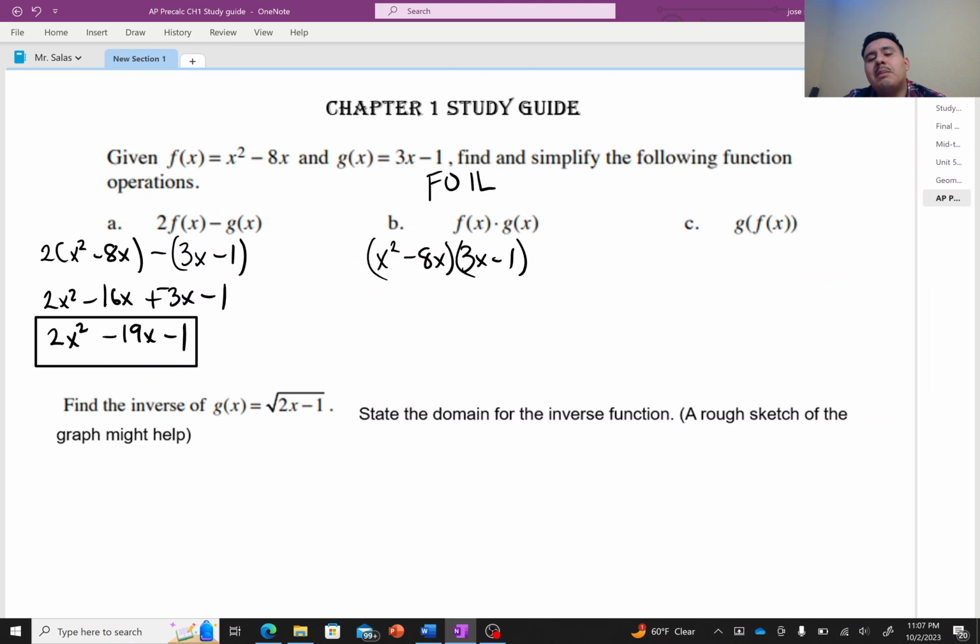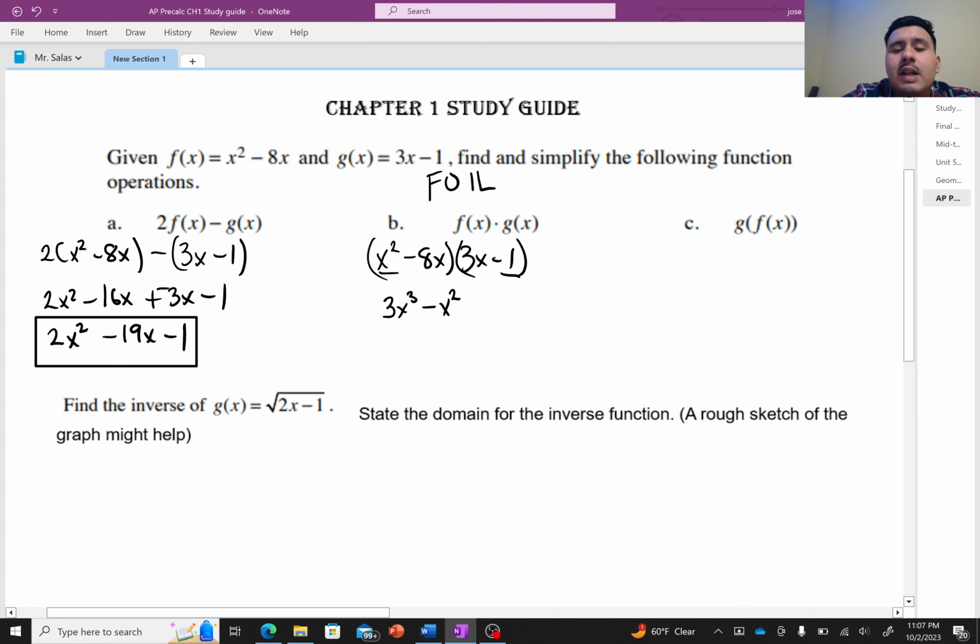FOIL means you multiply the first terms. X squared times 3x gives me 3x cubed. Then the outside terms: x squared and negative 1, which is minus x squared.